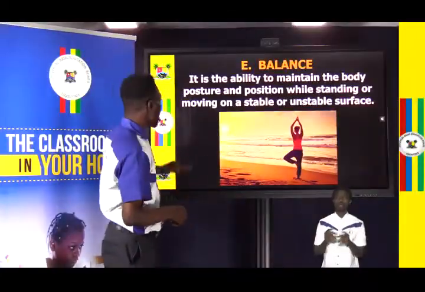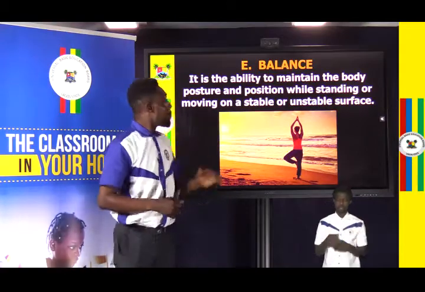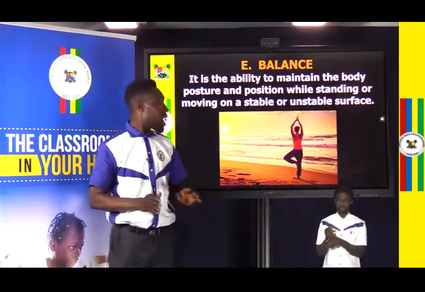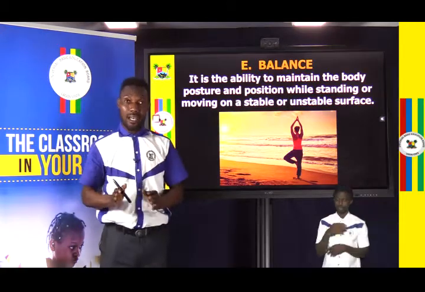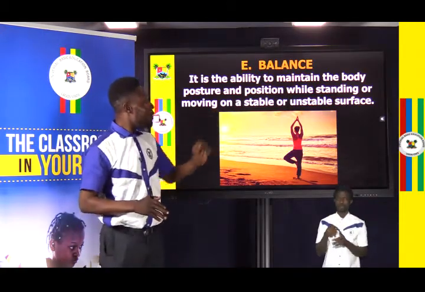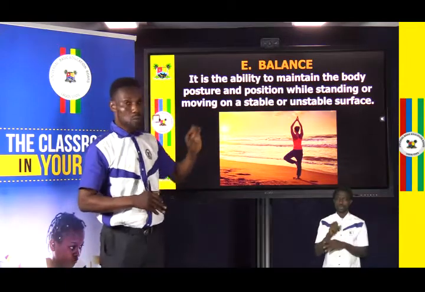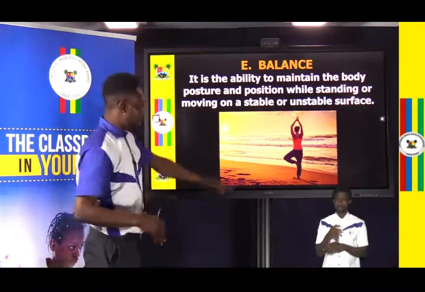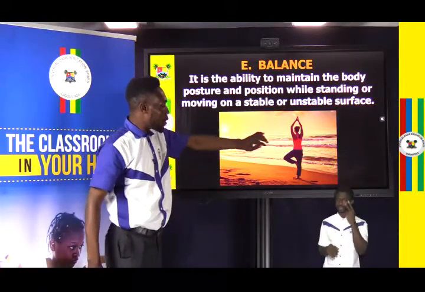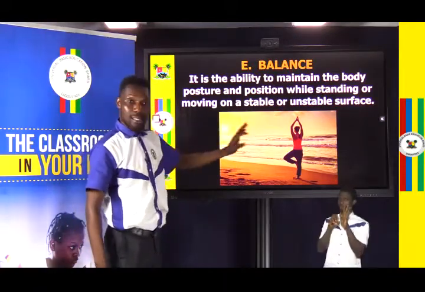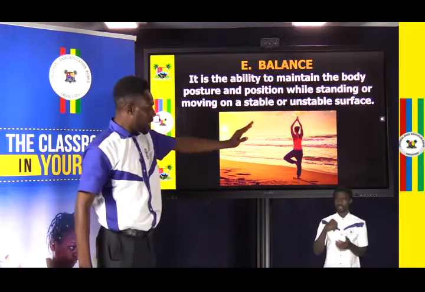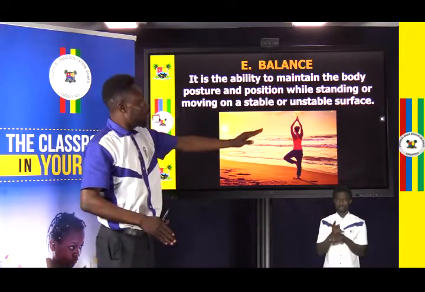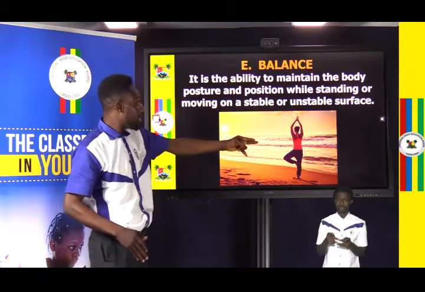Okay, next is balance. Balance is the ability to maintain body position and posture while standing or moving on a stable or unstable surface. You can see in this picture, even the way this lady is standing, she is still balanced because she's maintaining the body posture and position while standing.